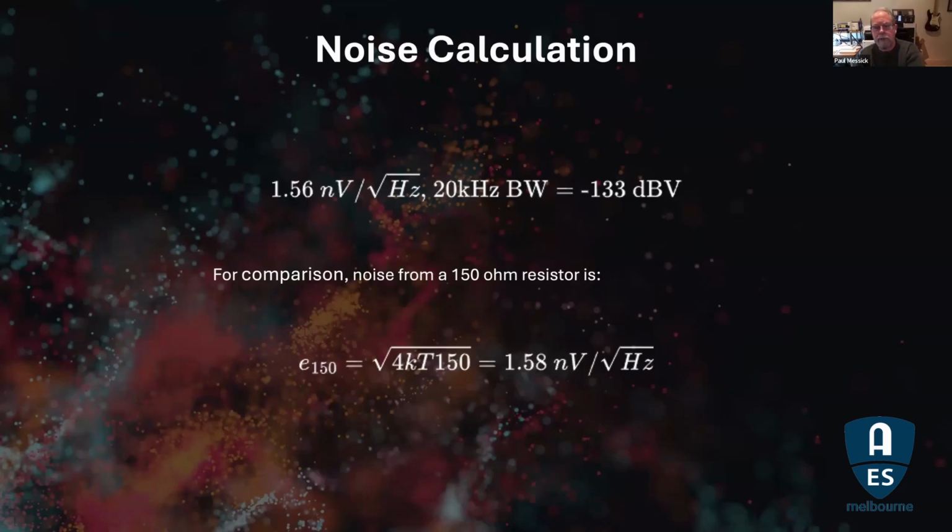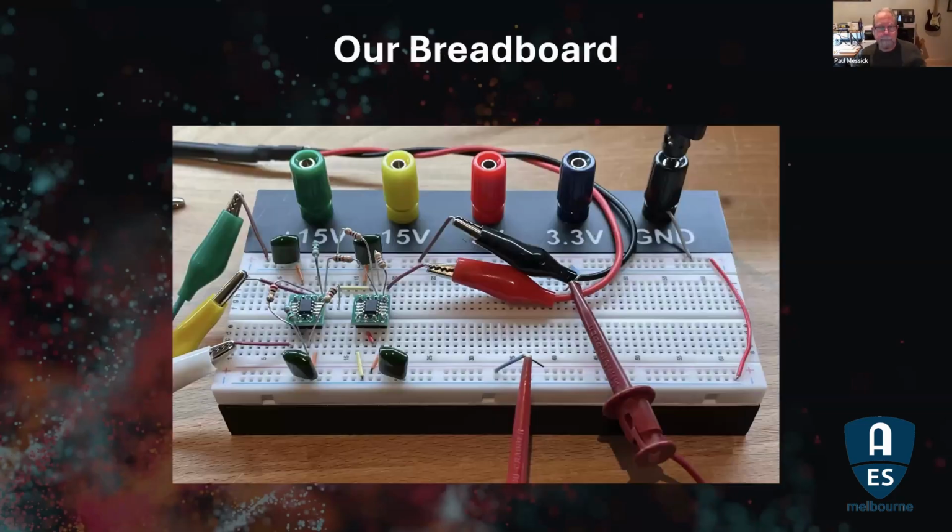It actually is the resistor itself is slightly more. So in theory, this mic pre might have a little bit less noise than the resistor that's inherent in the microphone that you're going to plug into it. No matter how good or bad that microphone is, this mic pre will be a little bit better. So here it is in all its glory.